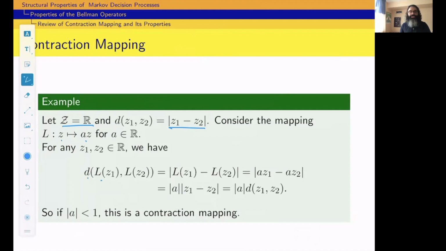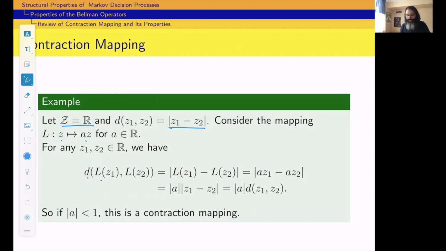So what we want to do is prove whether it's a contraction or not. We start after applying the operator. So d of LZ1 and LZ2, we try to write it in terms of d of Z1 and Z2. I just plug in the definition.